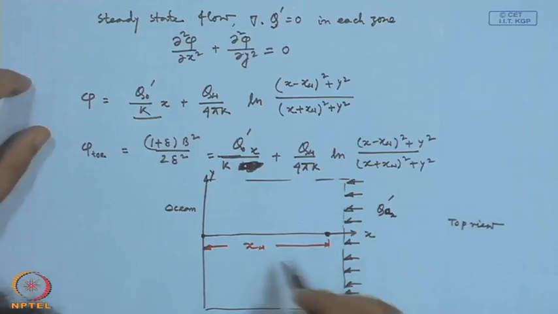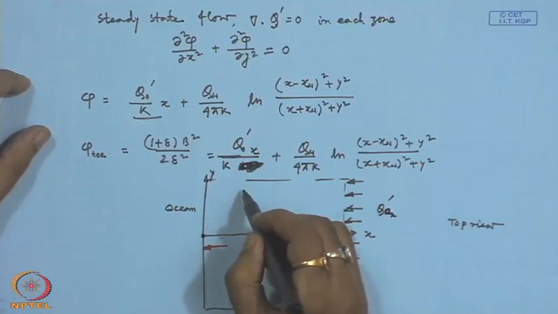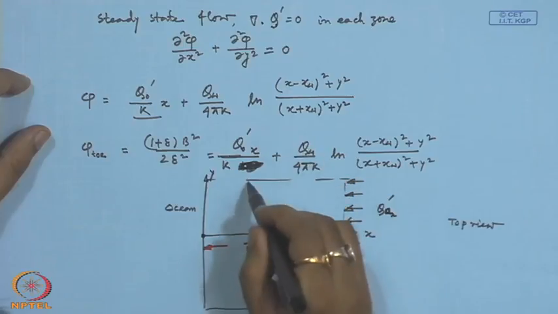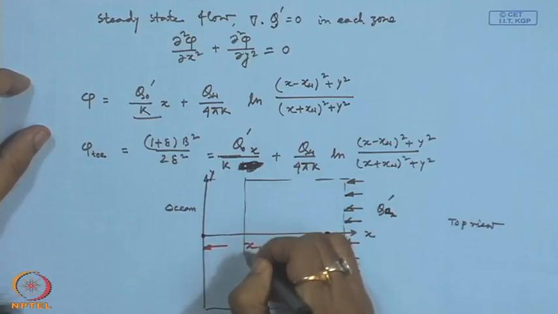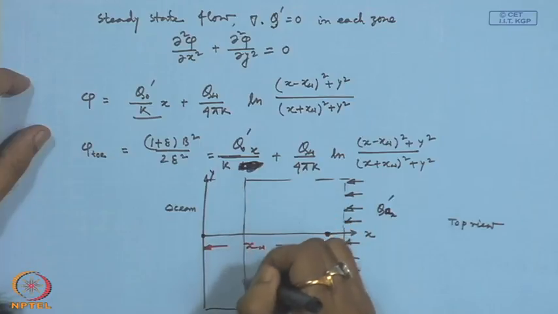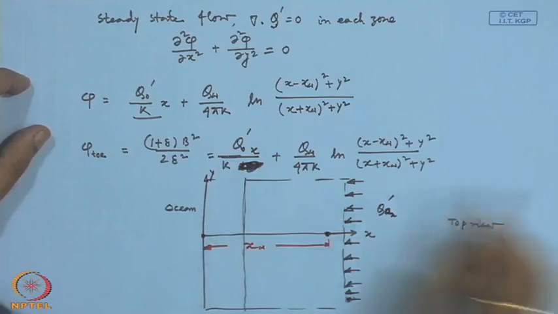So, initially if we have q w equal to 0, the location may be like this.